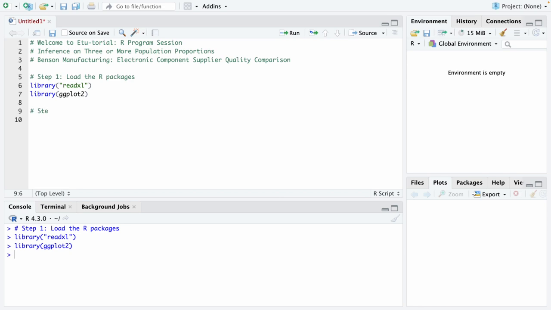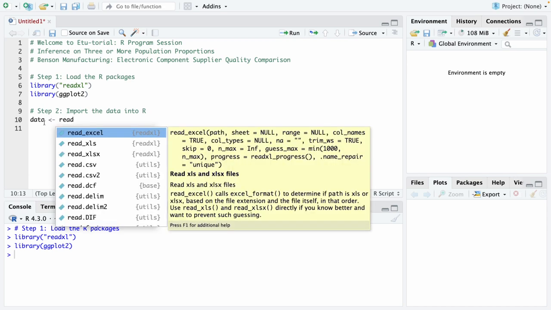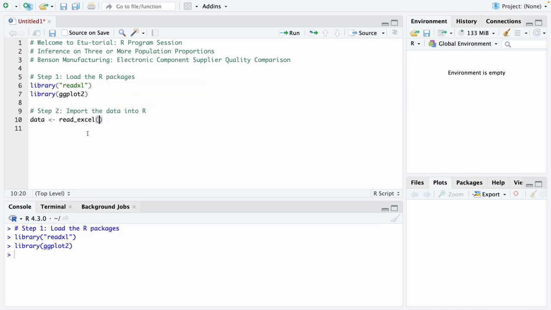So our second step, step two, is to import the data into R. So we say data, and this is where we call the read_excel function. Okay, so I'm just going to run this.